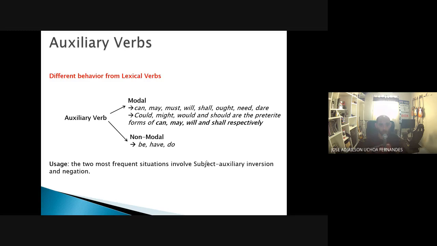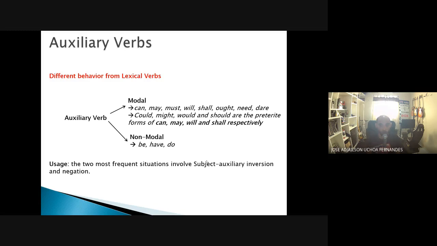The usage of these auxiliary verbs is basically in two most frequent situations that involve subject auxiliary verb inversion and negation. When we come across the need of creating a sentence in the interrogative, or creating a negative sentence, then auxiliary verbs tend to appear.